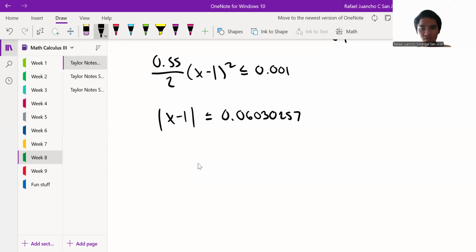Okay. If we add the one, okay, it doesn't really tell me how to do it though.